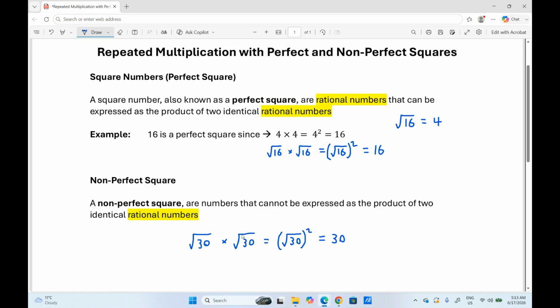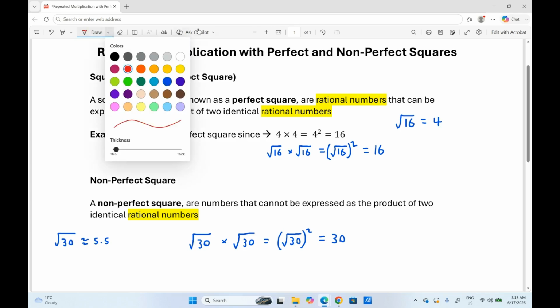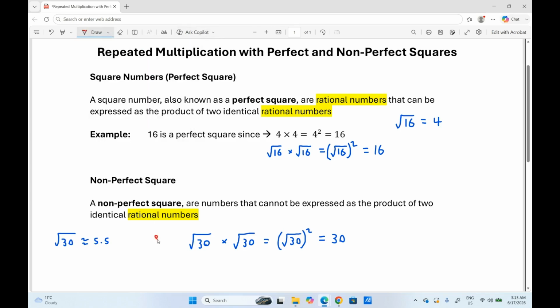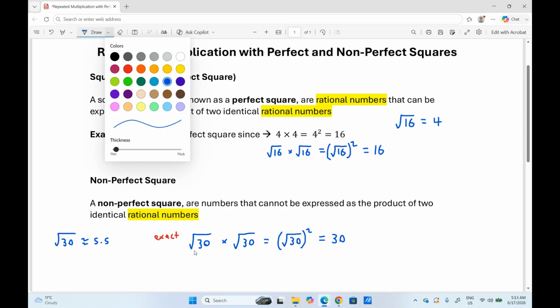And these would be exact values, because before I told you that the square root of 30 is approximately 5.5, but that's just an approximation, right? So here, this is the exact value, which we talked about in a previous video, where I have the square root of 30 times the square root of 30. That gets me exactly 30.